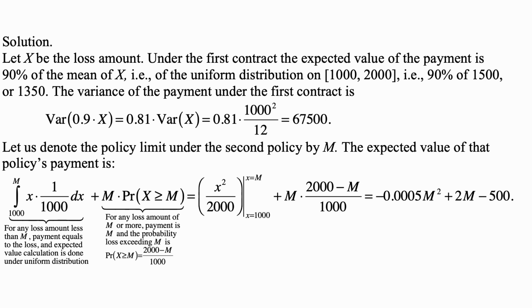And then M times the probability that X is greater than or equal to M. For any loss amount of M or more, payment is M, and the probability of loss exceeding M is the probability that X is greater than or equal to M, which is 2,000 minus M over 1,000.